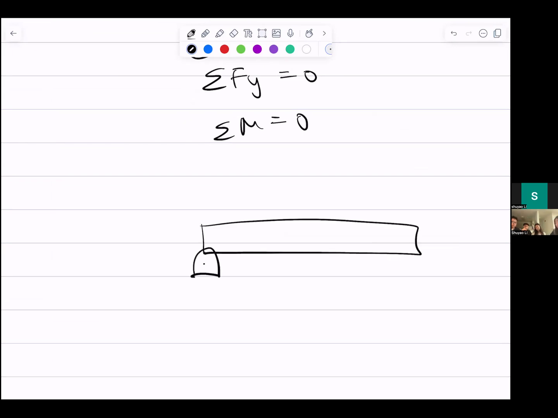Do you guys know what kind of support this would be? A pin. So what motion would be blocked, in other words, what are the reaction forces? X and Y translation. Yes, because notice this bar can't be translated in X and Y. So that's why we have reaction forces. Can I rotate about X and Y?